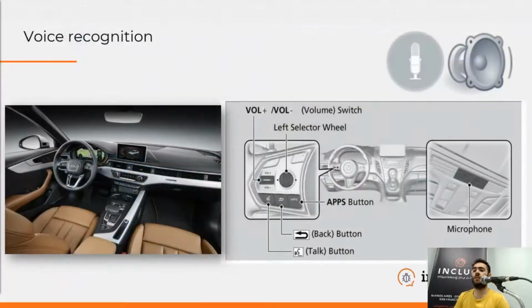The last one is the voice recognition application. This feature in the car allows the driver to send voice commands that perform different actions in the vehicle. For example, if I want to make a call, I can say, for example, call Maxi, and the car with the phone paired in the system will make a call without my hands or without using my cell phone.